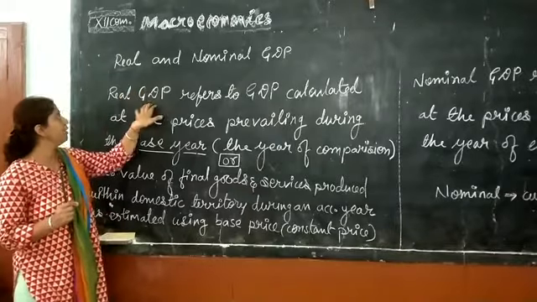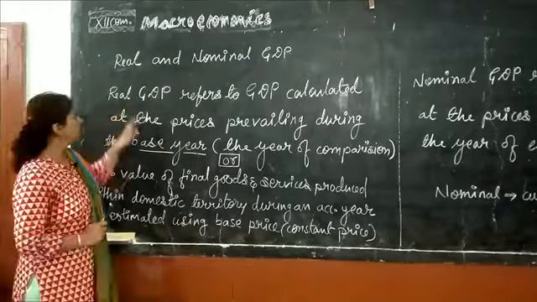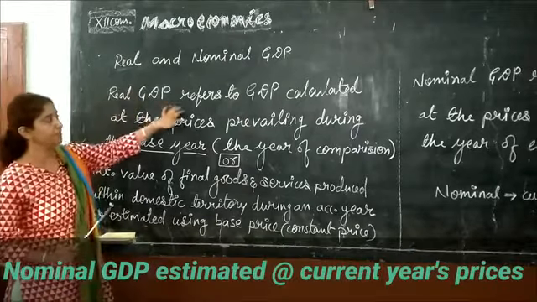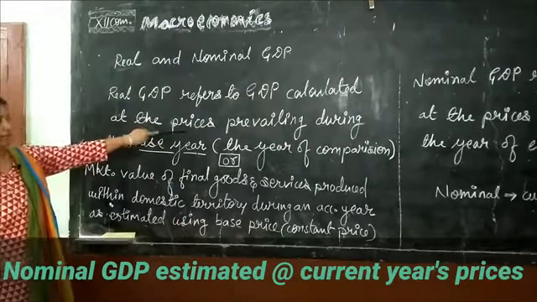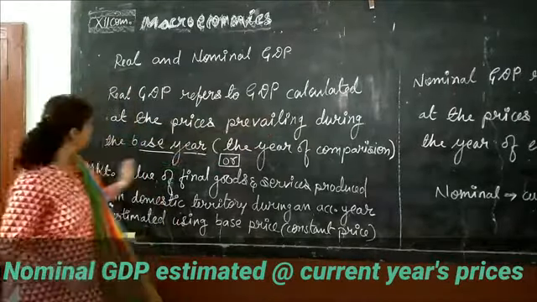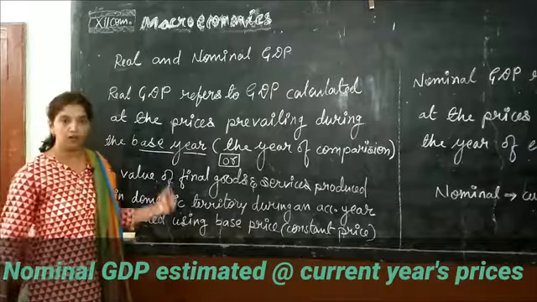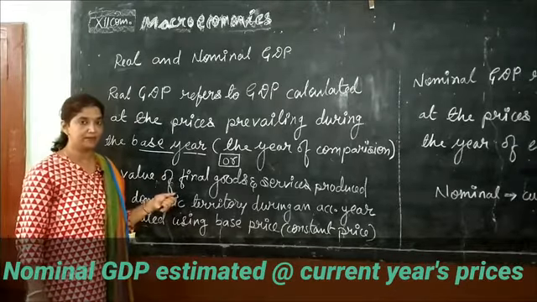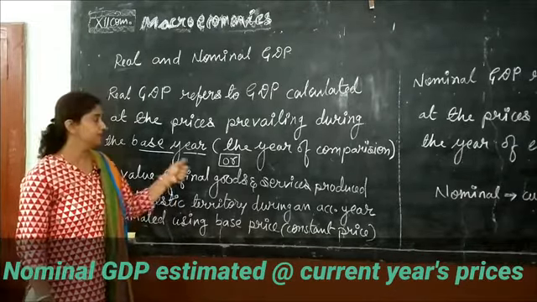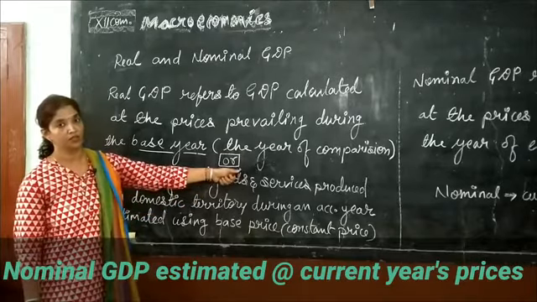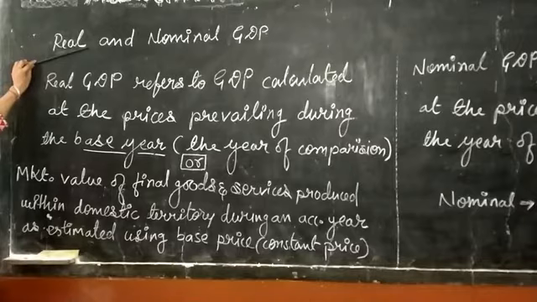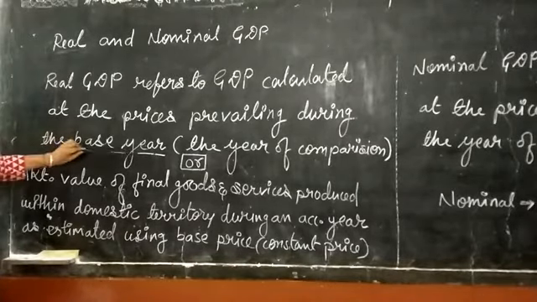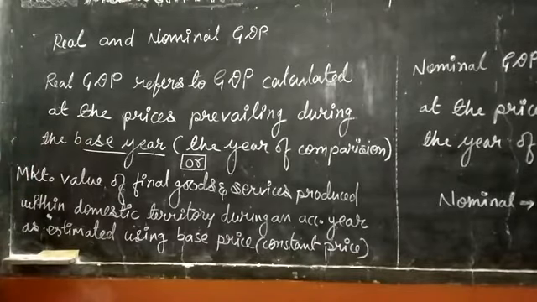Real GDP refers to GDP calculated at the prices prevailing during the base year. Once again I am telling you, the base year is the year of comparison. Remember one thing, real GDP is calculated at base year's price, at constant price.